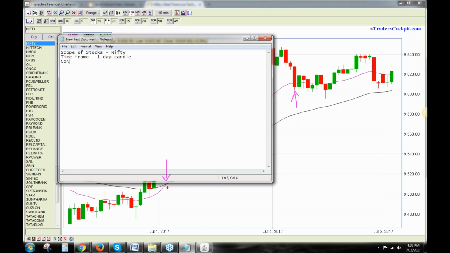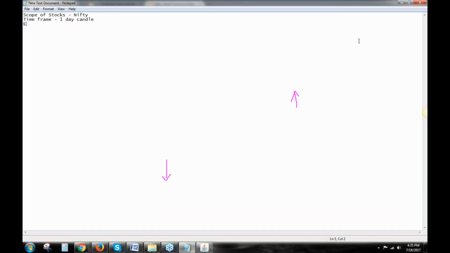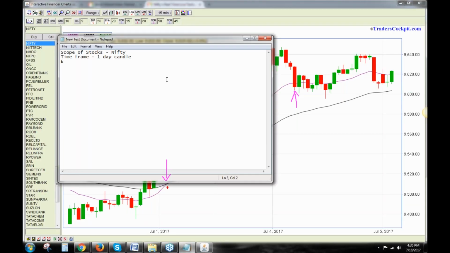And entry condition is bullish crossover between EMA 20 and 50.